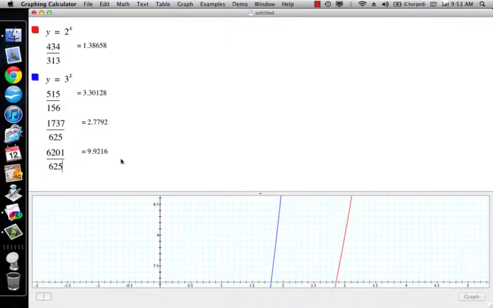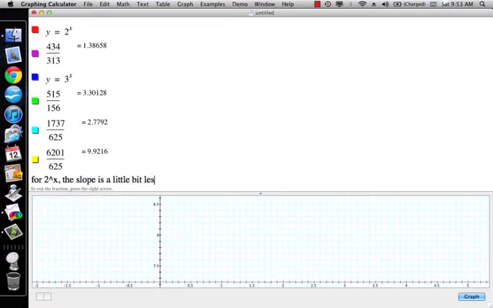Okay, so I want to write this out in text. For the function y equals 2 to the x, the slope is always a little bit less than the y value.